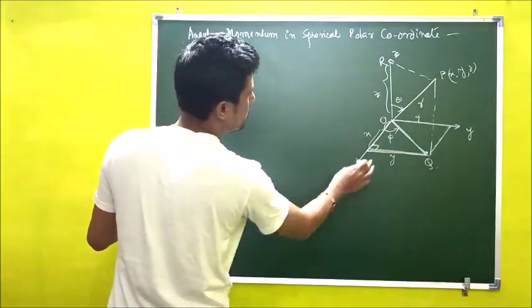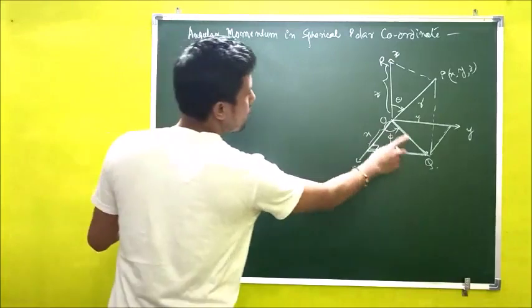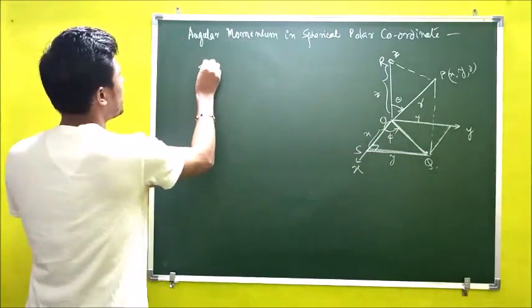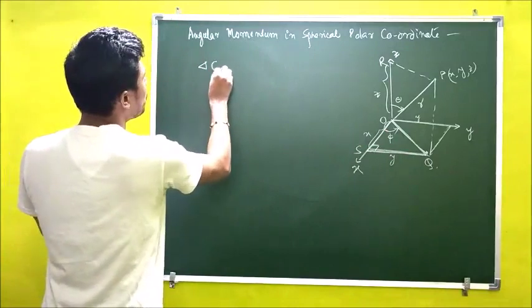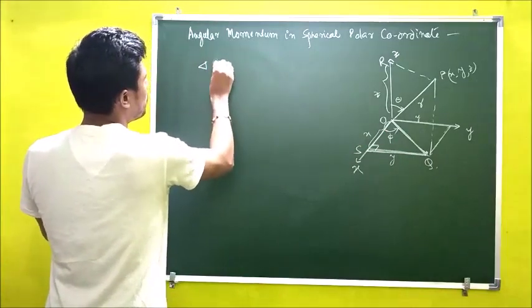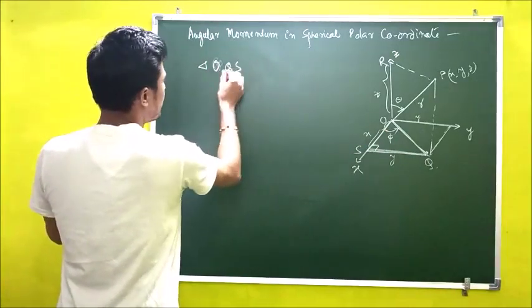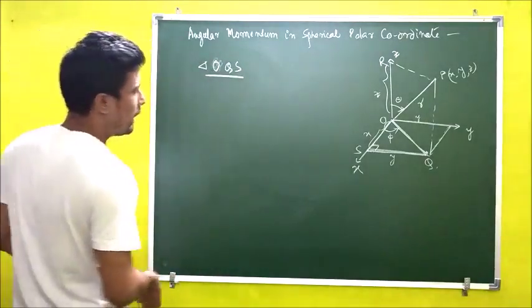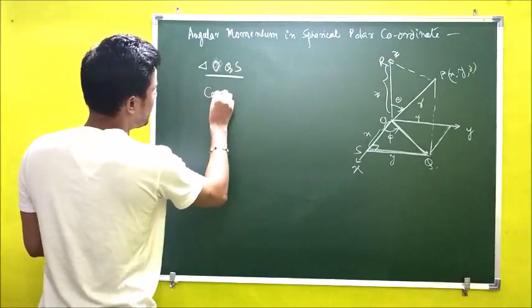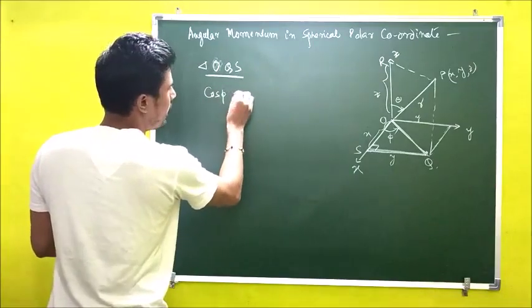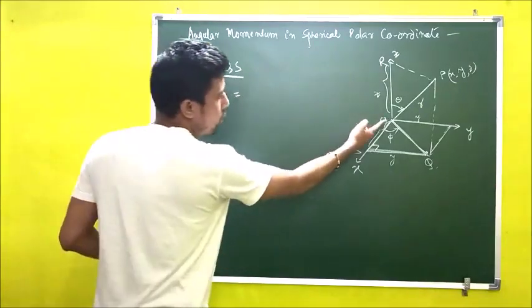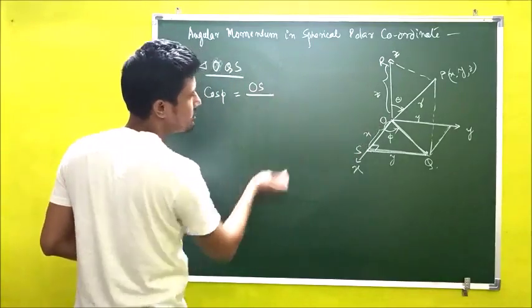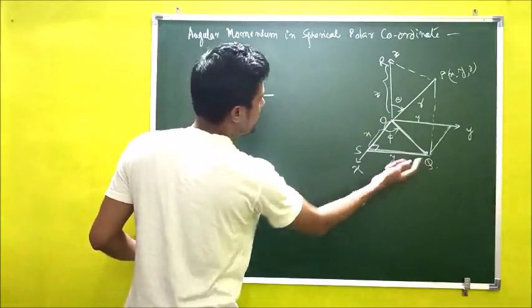From the right angle triangle OQS, what can we write? Cos of phi is given by OS divided by OQ.